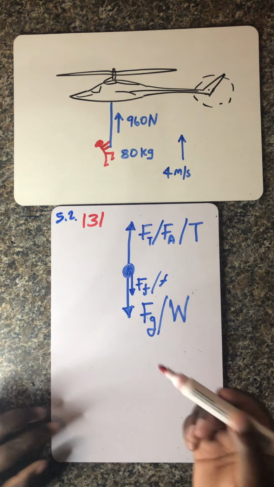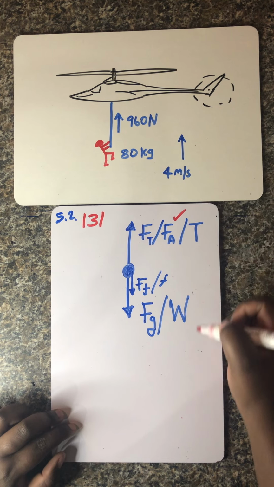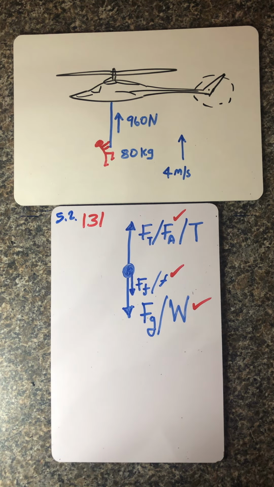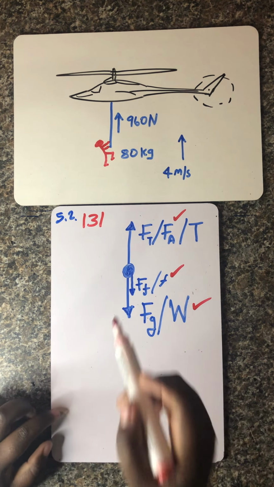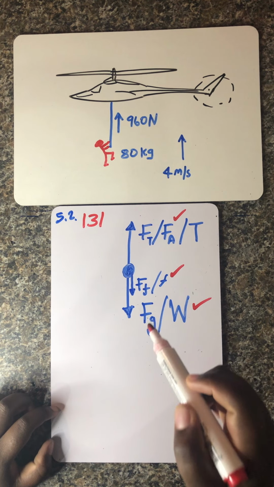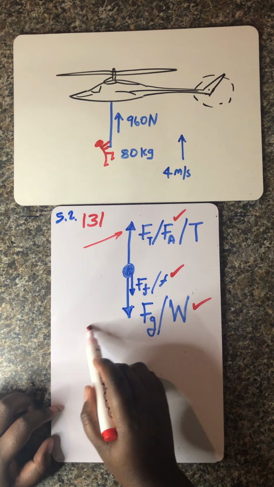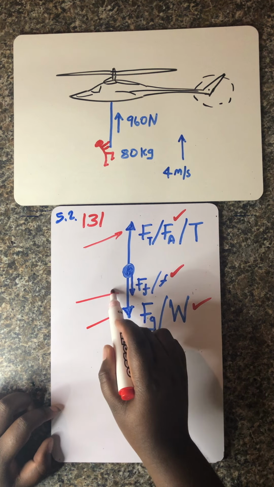Ladies and gentlemen, this is how you easily score your 3 marks. This is how we mark your papers at the marking center. We check if you have drawn your free body diagram and used the arrows. Did you use the arrows?